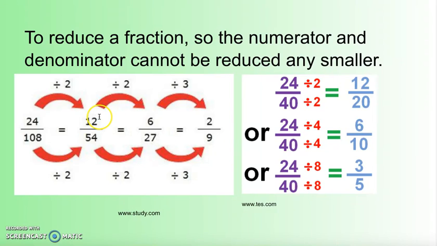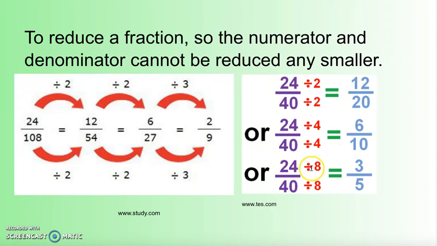The numerator and the denominator may not be reduced anymore, so 2/9ths, there's no other number that would go into both of them. And here's some other examples. Start off with 24/40ths. Went to 12/20ths, but you know what? I still could reduce, and notice if I divide by a larger number in the beginning, I could simplify even quicker.